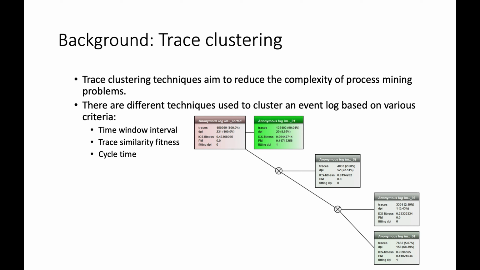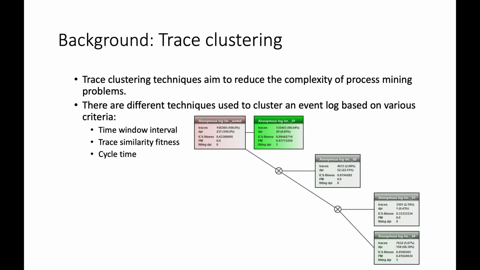The first one is trace clustering. Trace clustering is basically a technique or set of techniques that aims to reduce the complexity of the process mining problem. That is, to take a huge event log and separate it into parts based on some similarity measure, so that the traces within the event log should be similar by some characteristic.